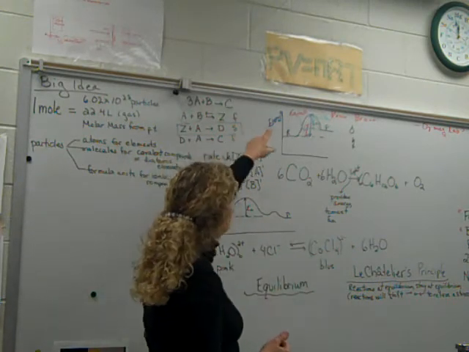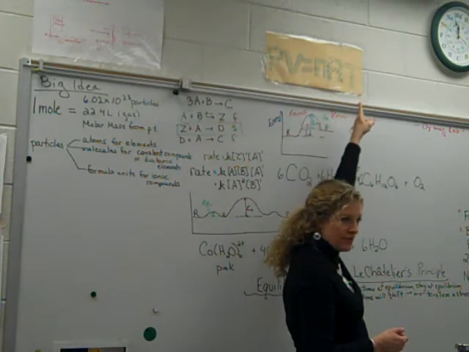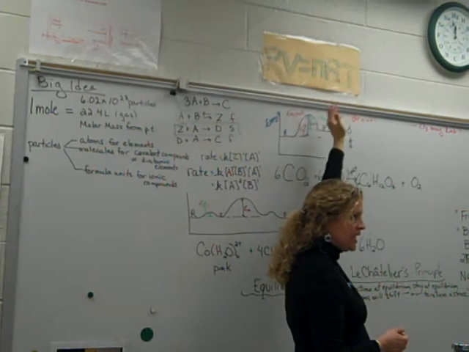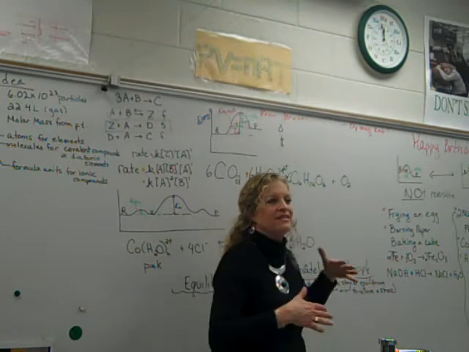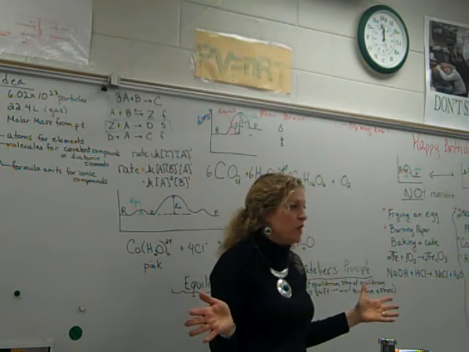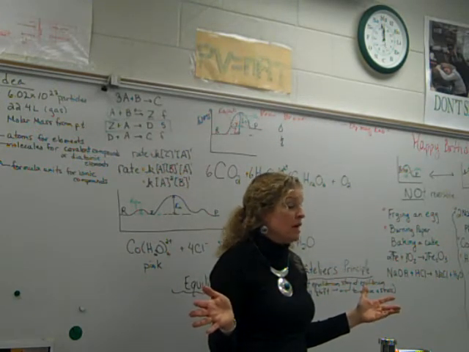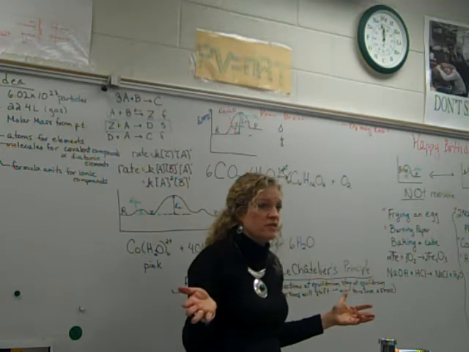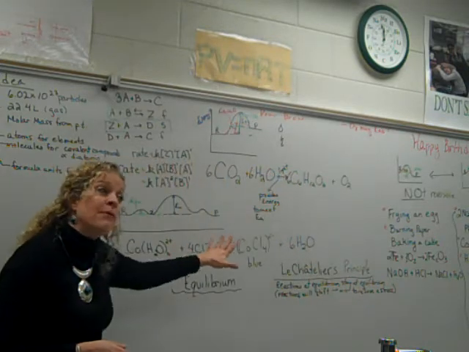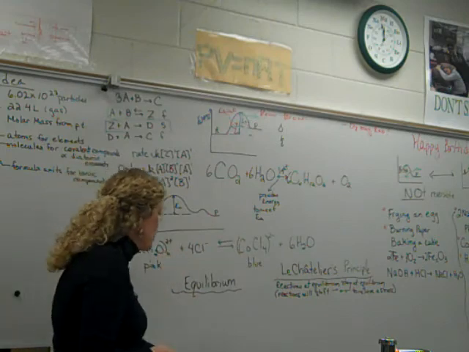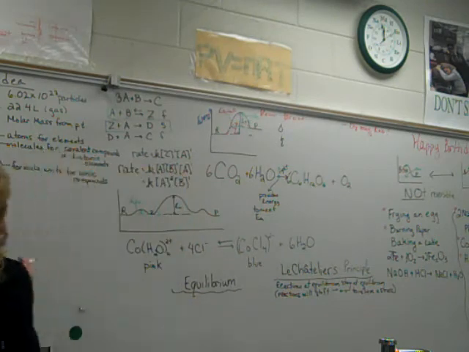It's kind of like when we discovered the R in the ideal gas law. If you always put PV over NT, you get the exact same number, that 0.0821 number. And that was kind of freaky and cool at the same time when scientists discovered that. They discovered the same thing with chemical reactions. And this is how it looks, okay?